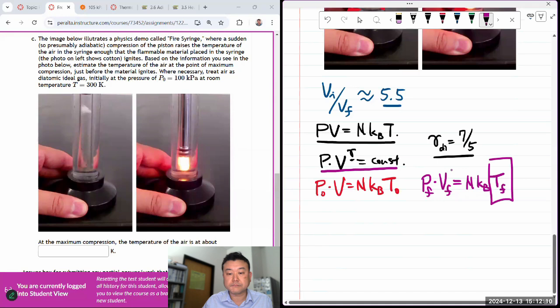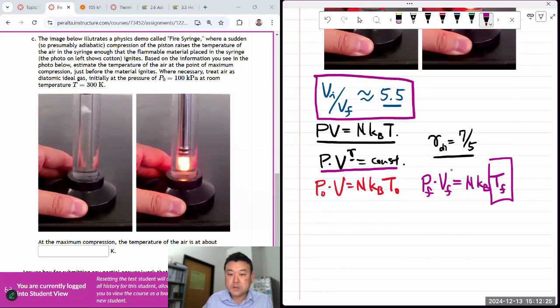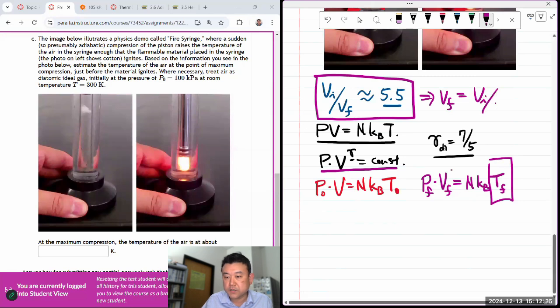And this is information we have from the picture. So as a first step in eliminating unknowns, we can eliminate V final by rewriting this as V final is equal to V initial divided by 5.5.